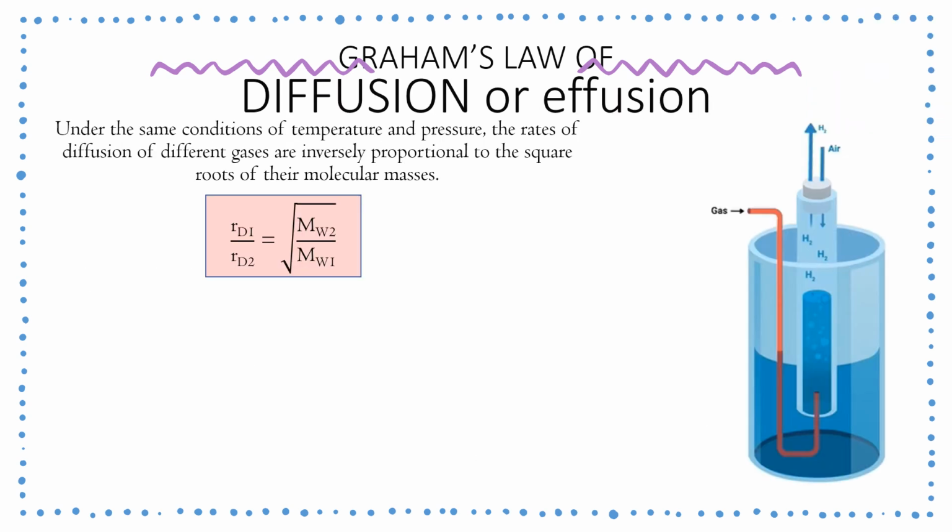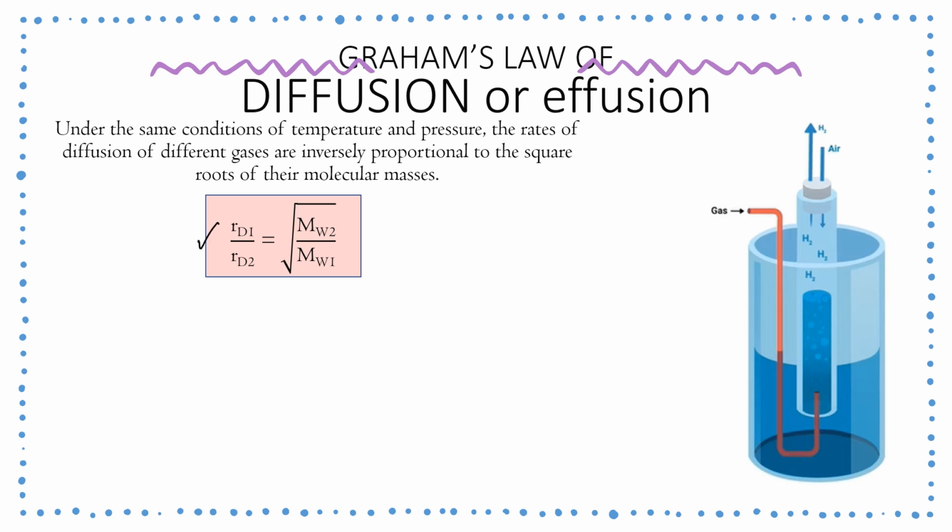Under the same conditions of temperature and pressure, the rates of diffusion of different gases are inversely proportional to the square roots of their molecular masses. So we already derived this.